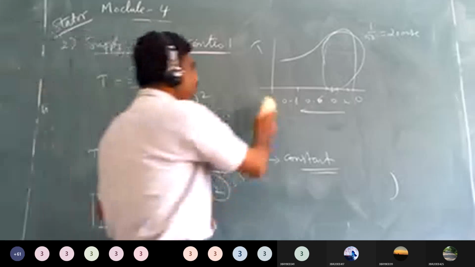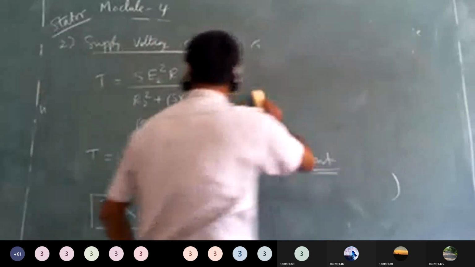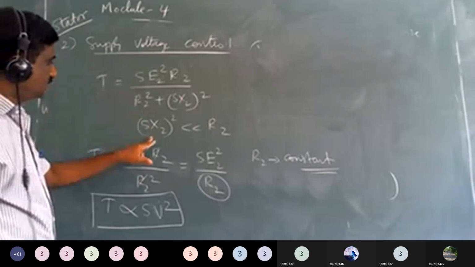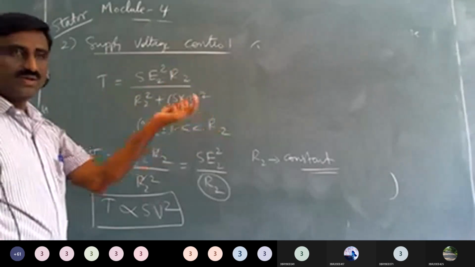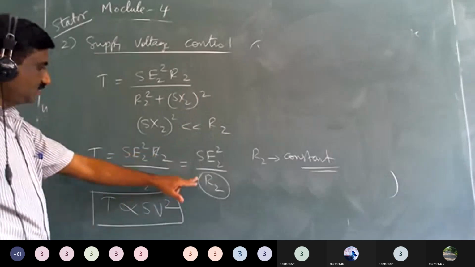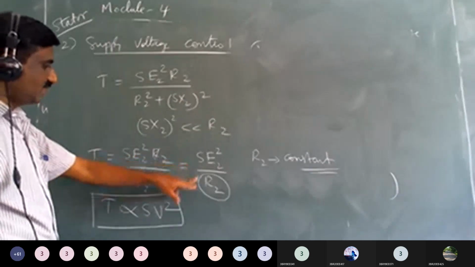Here is the interesting thing. Up to here, the running torque equation you know already. SX2 is neglected for these lower operating regions of the slip. So you get R2 by R2 square, and one R2 cancels. R2 is constant.